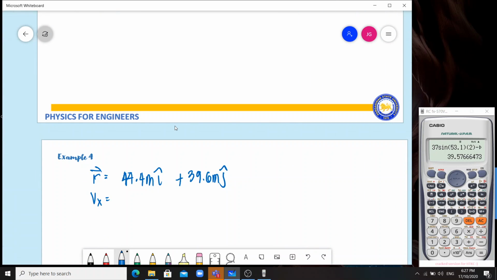Our Vx is V0 cosine theta. Our Vy is V0 sine theta minus gt. So this is 37.0 cosine 53.1.